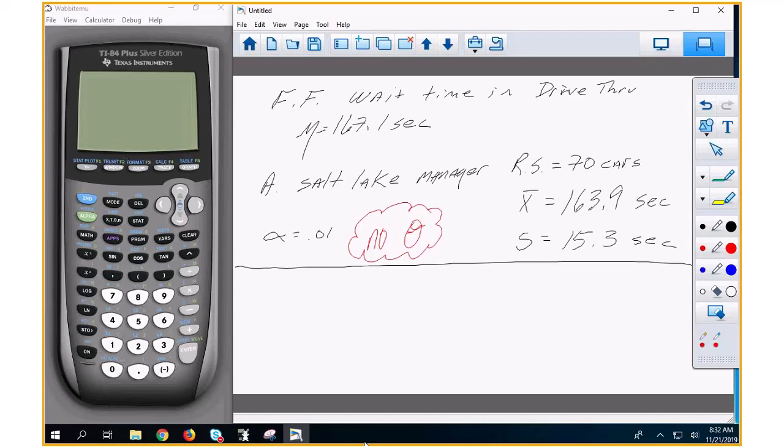Now, there is that thing about n being less than 30. And this time it's 70. You could use a binomial distribution, which we did back in chapters 6 and 7, using the NPX feature on your calculator. But in this case, just use the t-value.